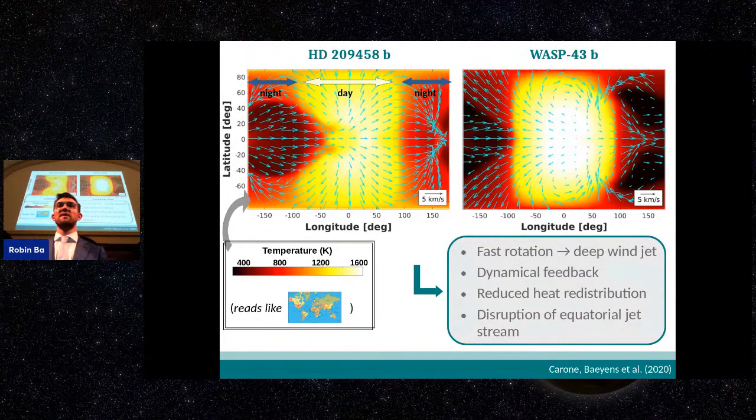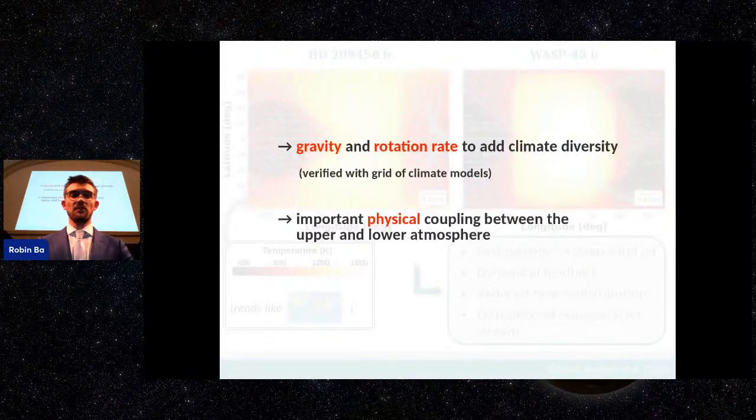Usually, this was sometimes done because if they are disconnected and you are only interested in the upper part of the atmosphere where the observations come from, it's not so important to have the temperature state of the deep atmosphere right, of course. So, to summarize, the gravity and the rotation rate here add some climate diversity.